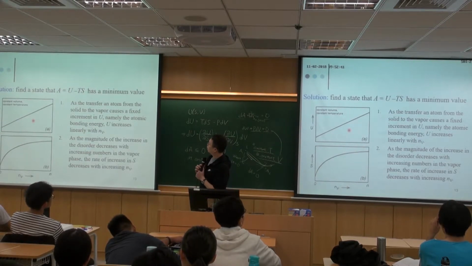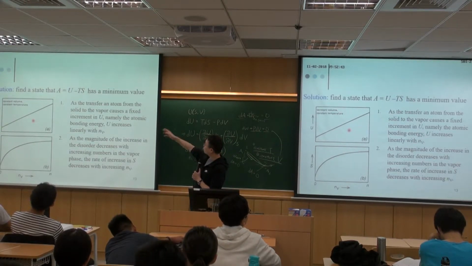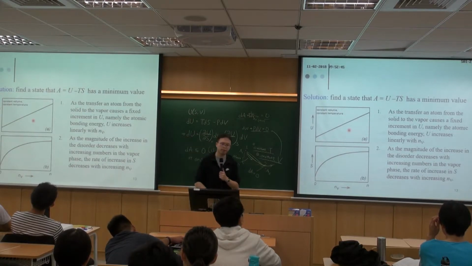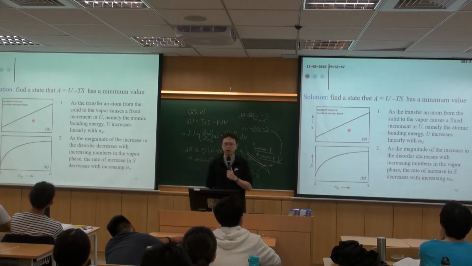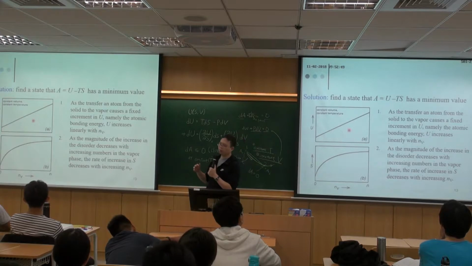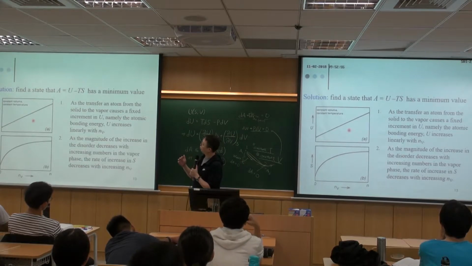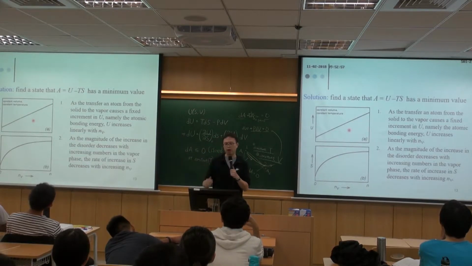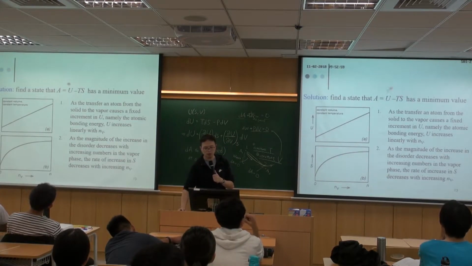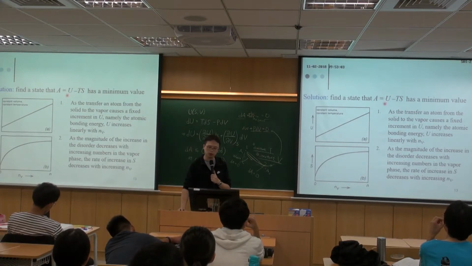In this case, the temperature is fixed. If you change the number of particles in the vapor phase, then you'll change the total value of internal energy, because the internal energy is proportional to the number of atoms in that phase, right?